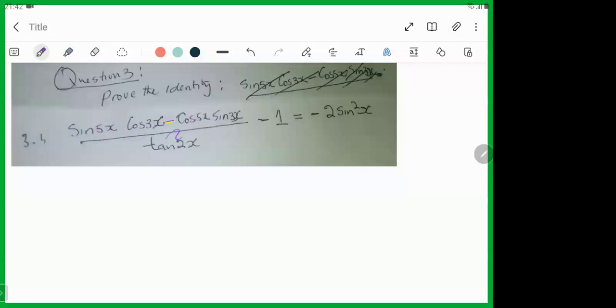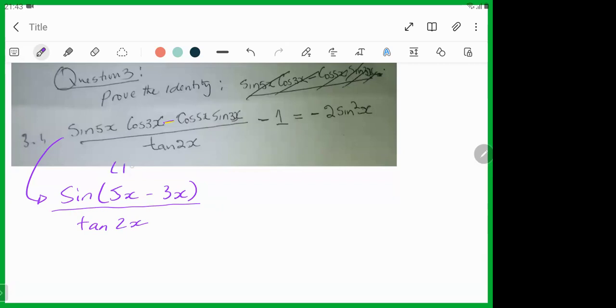So this is clearly the compound angle of sine. If you have a negative here, it means that this can be rewritten as sine of 5x minus 3x. There we go. And then at the bottom, we just have tan 2x.